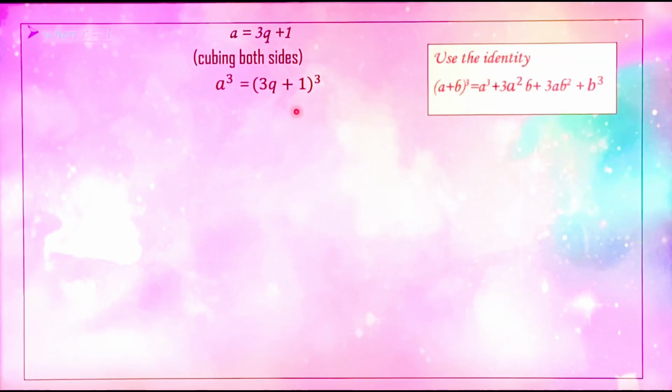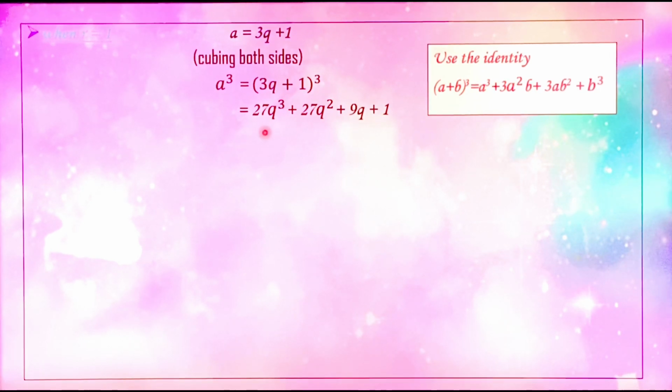Cubing both sides, we get a cube is equal to (3q plus 1) the whole cube. Using the identity (a plus b) the whole cube equals a cube plus 3a square b plus 3ab square plus b cube, we get a cube equals 27q cube plus 27q square plus 9q plus 1.